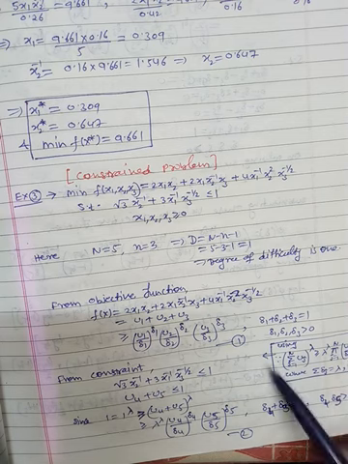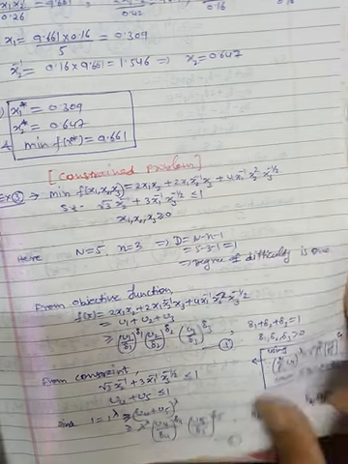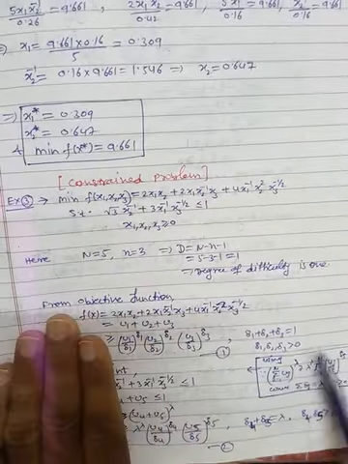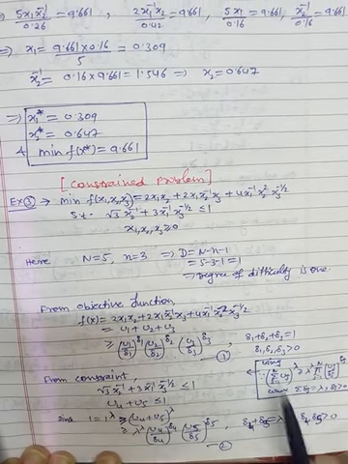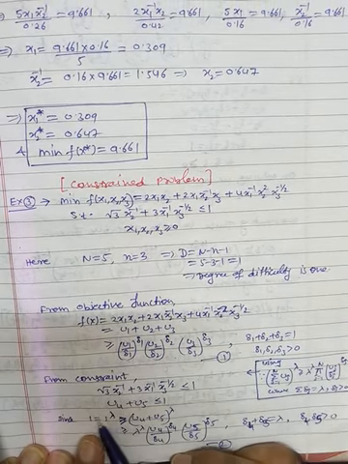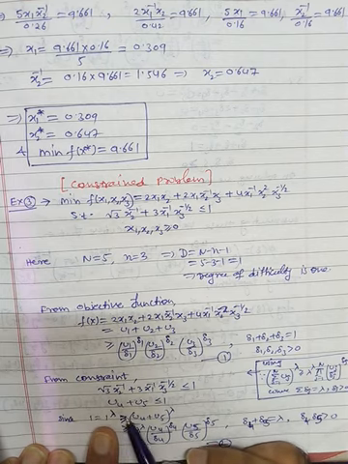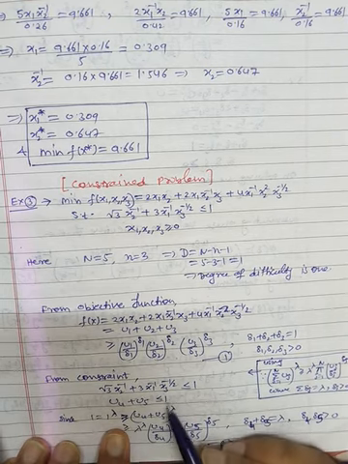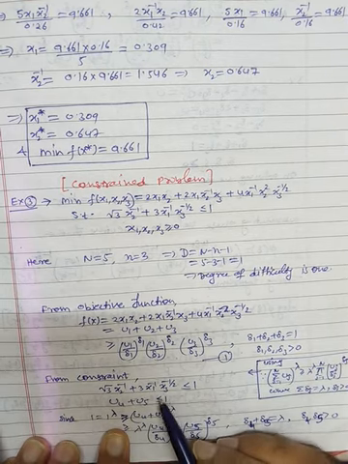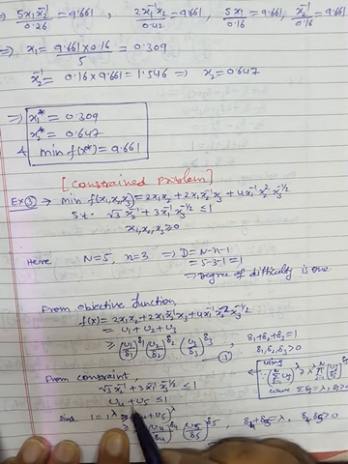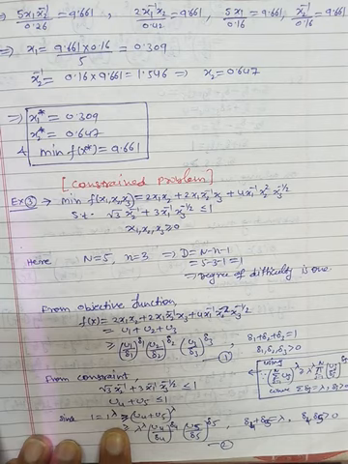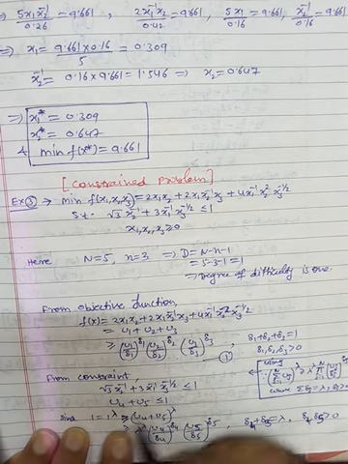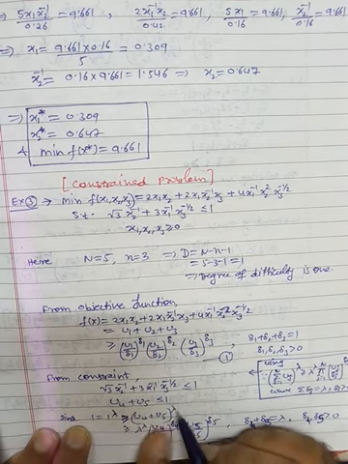Now we will use this modified arithmetic mean geometric mean inequality. So 1 can be written as 1 raised to the power lambda. Because 1 is greater than or equal to u4 plus u5, its power lambda is also greater than or equal to (u4 plus u5) raised to the power lambda.